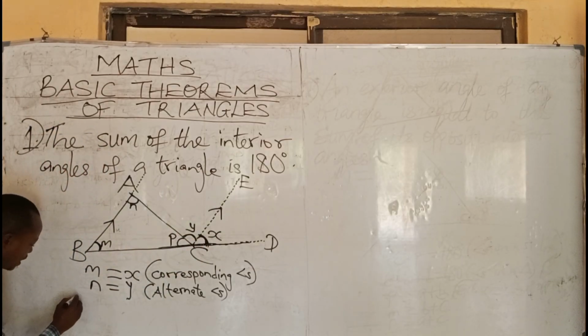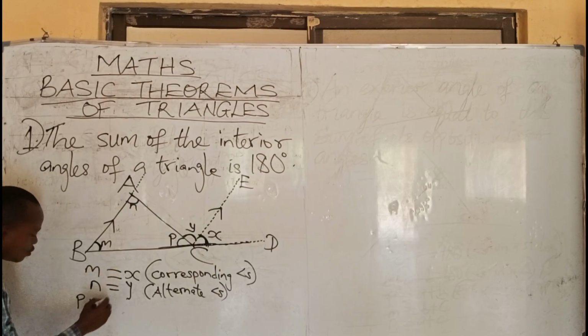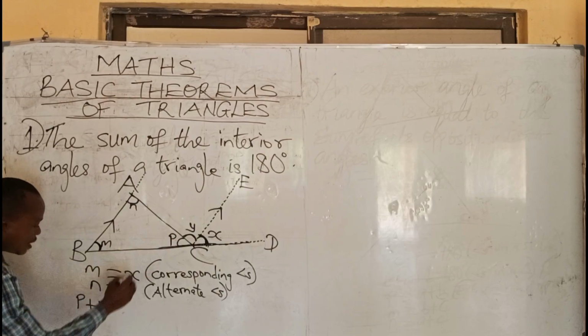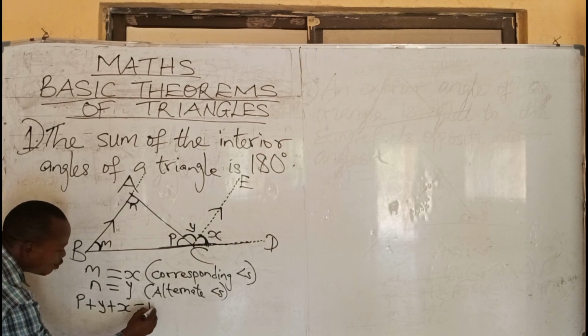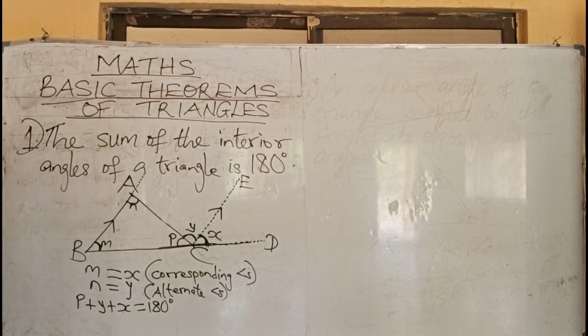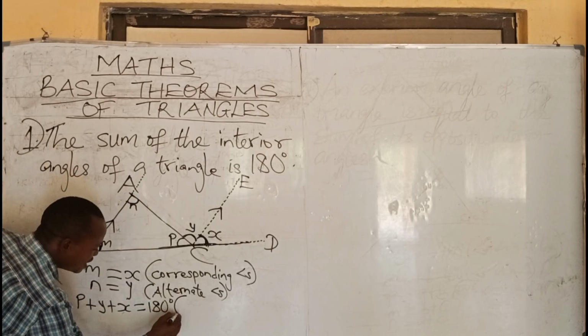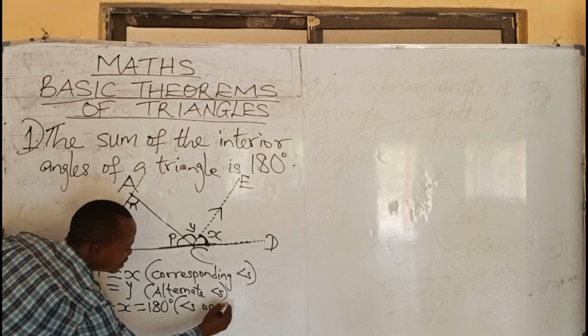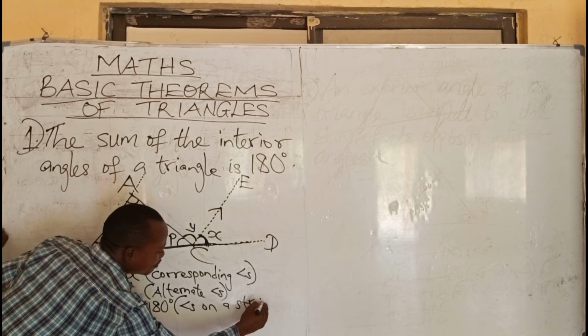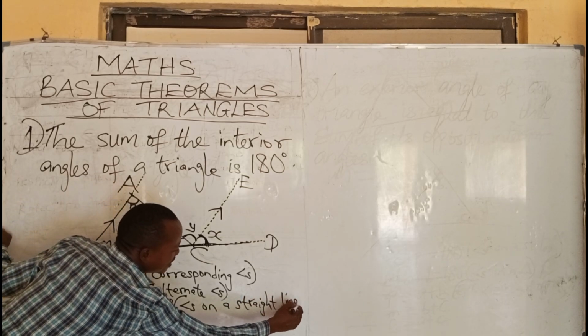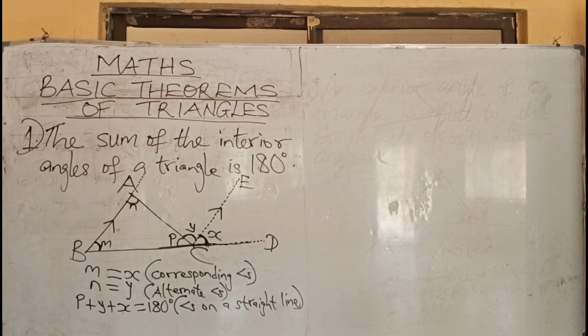That means angle P plus angle Y plus angle X is equal to 180 degrees. And the reason is angles on a straight line. So the sum of such angles is 180 degrees.